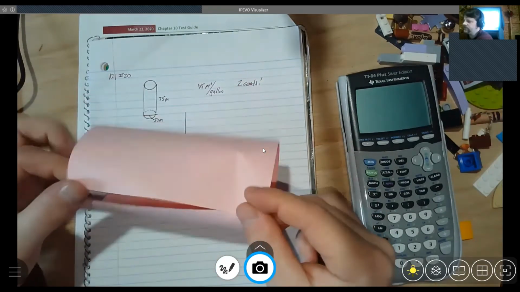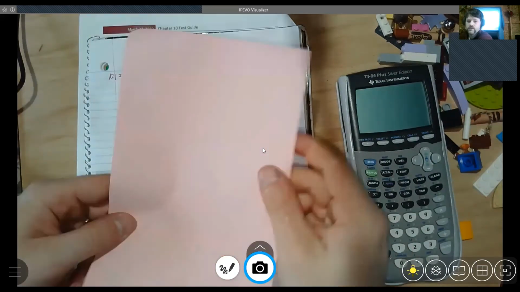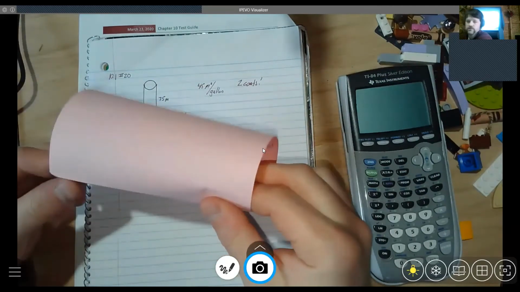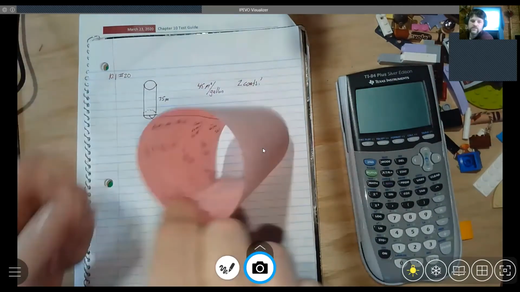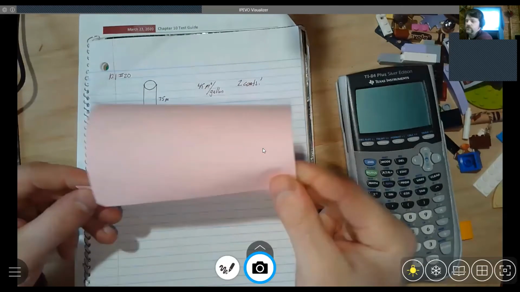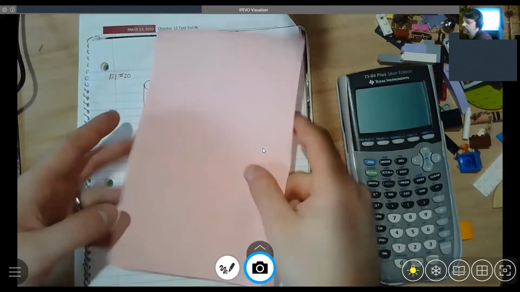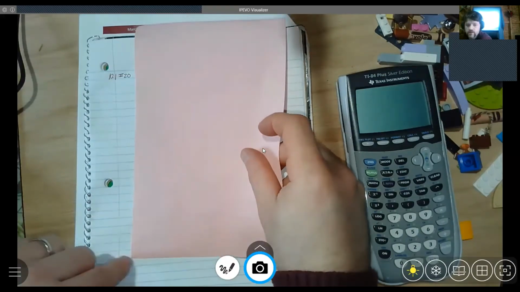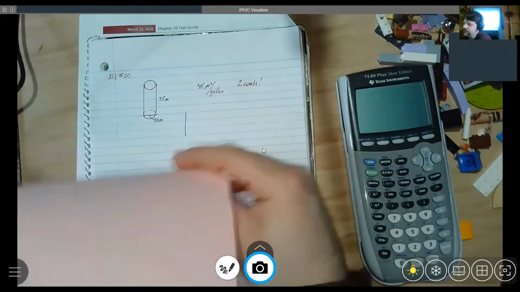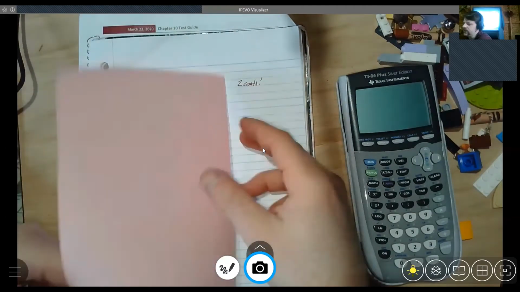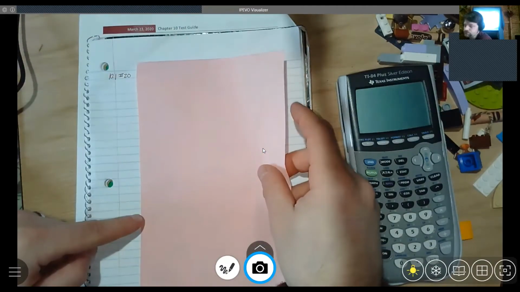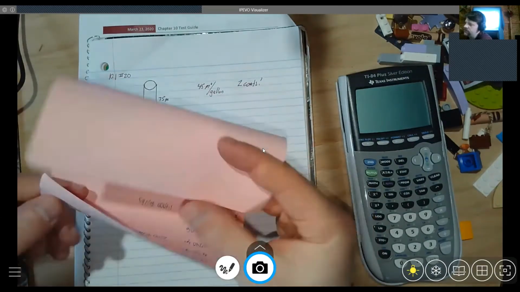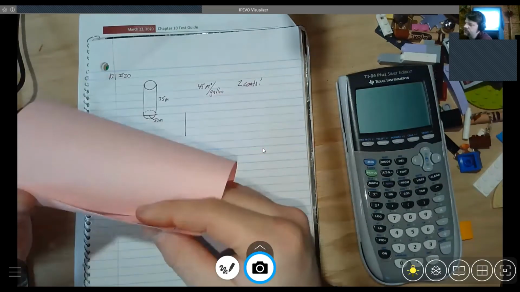You get a rectangle, right? My lateral area is a rectangle where the width of my rectangle is actually the height of my cylinder, and the length of my rectangle is the circumference of the cylinder's base.